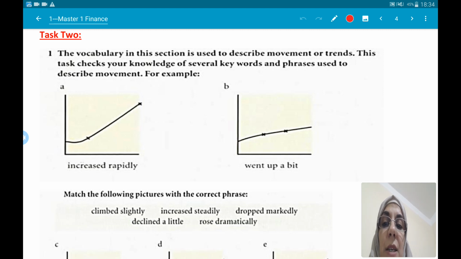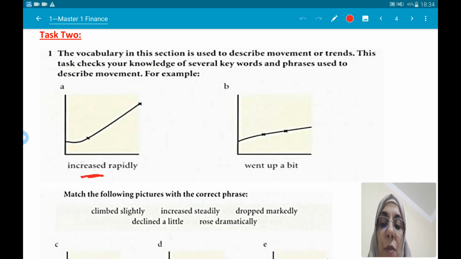This task is checking your knowledge of several keywords and phrases used to describe movement. For example, look at this first image. We've got here a graph which is getting up or increasing. There is an increase, there is a rapid growth. So here, increased rapidly.